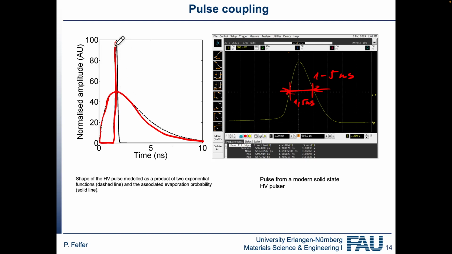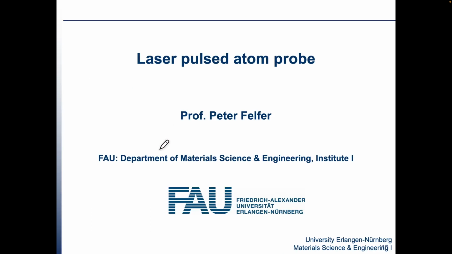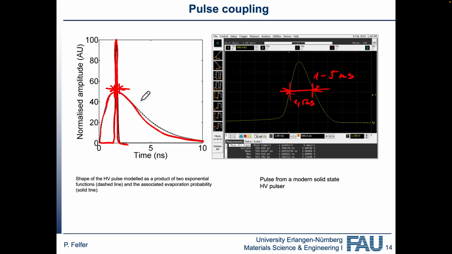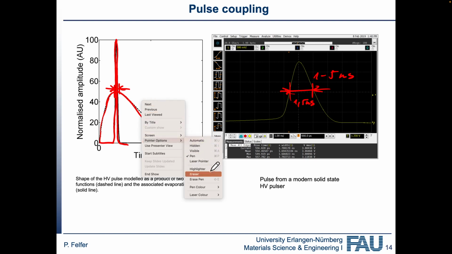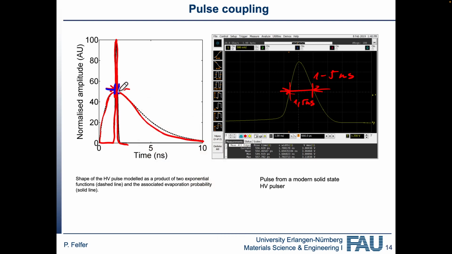So a very high evaporation probability, which is the solid line here, only happens in a very narrow part of the pulse itself, sub nanoseconds. So maybe in this area is where we might get the field evaporation. But that means we still have some energy variation in here. One ion might come off here, one ion might come off here, and then it will fly.